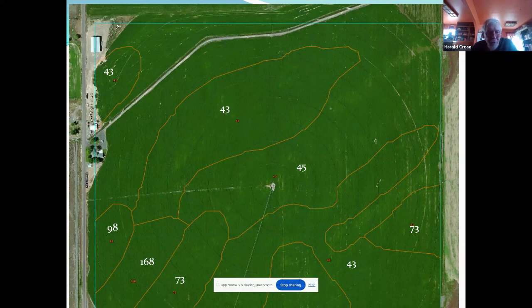And you can get a pretty good understanding of what that real soil is and if there are any inclusions in the field. But the bottom line on this is you're going to be irrigating for the predominance, not the most restrictive. And I'll talk more about that in a minute here.